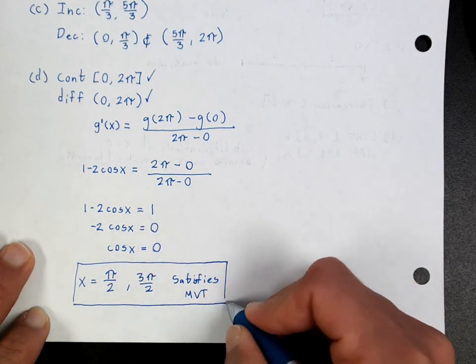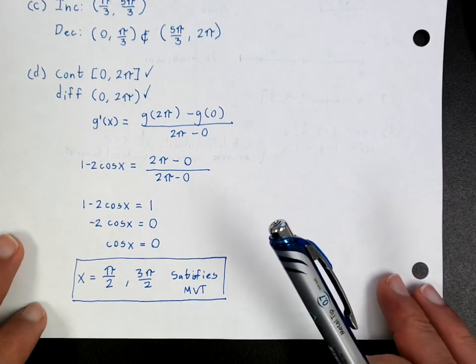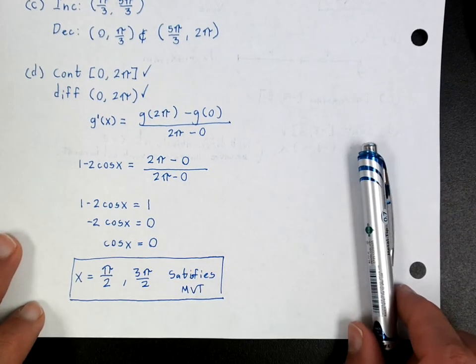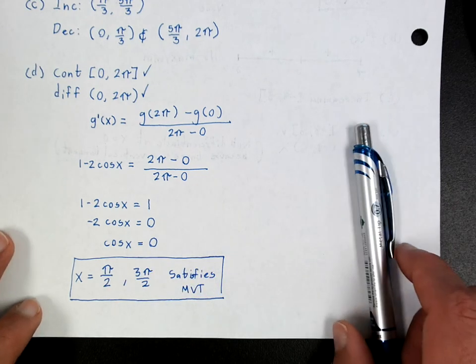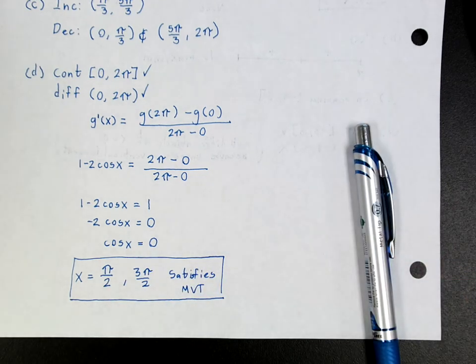Okay, so at those 2 points, the derivative at pi over 2 and the derivative at 3 pi over 2 is equal to the slope of the secant line between the two endpoints. Okay, so hopefully that makes sense. If you got any questions, let me know.